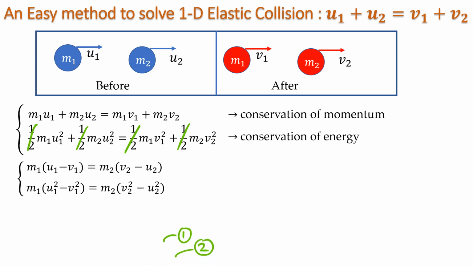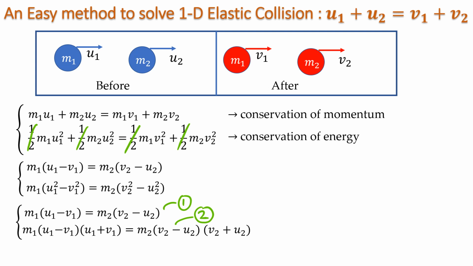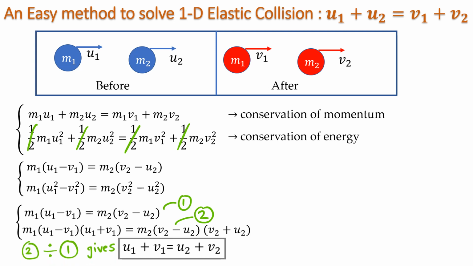Then we use a squared minus b squared is equal to (a plus b)(a minus b) in the equation with squares. Divide one equation with another and we get a very simple relation, u1 plus v1 equals u2 plus v2, which is a very interesting relation.